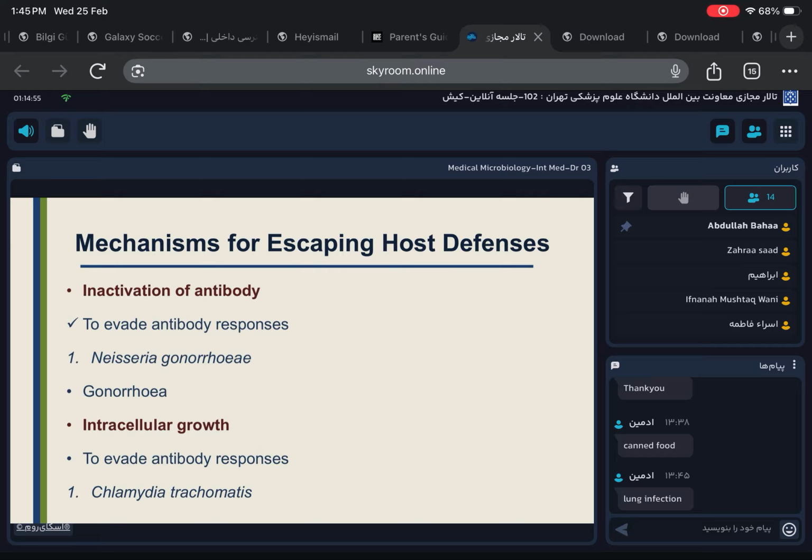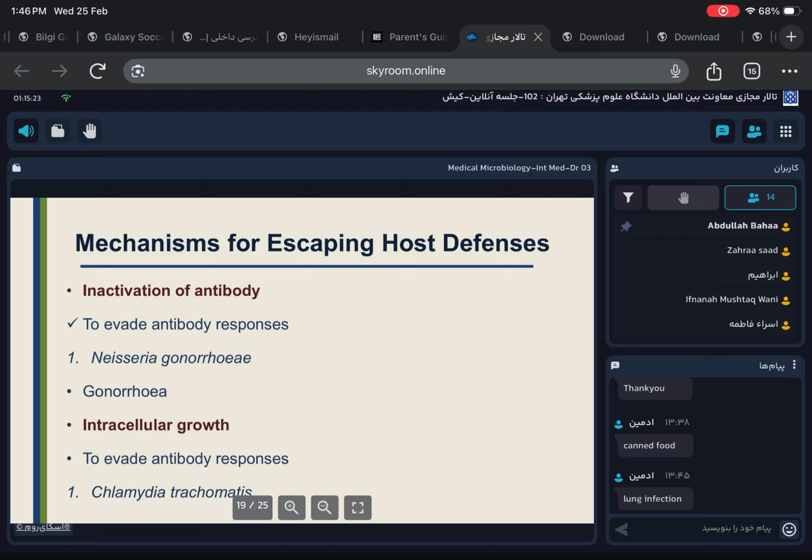I told you it's the causative agent of gonorrhea, which is a sexually transmitted disease, and this bacterium is transferred through sexual activities. In mucus, we have antibody, but this bacterium is able to inactivate the antibody. In that case, it can escape the antibody function.